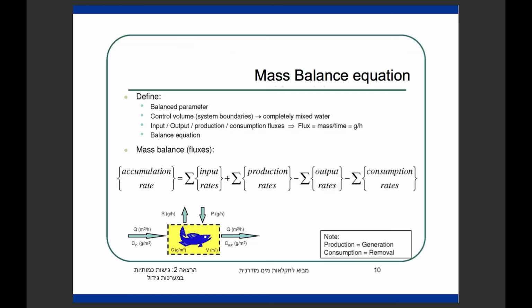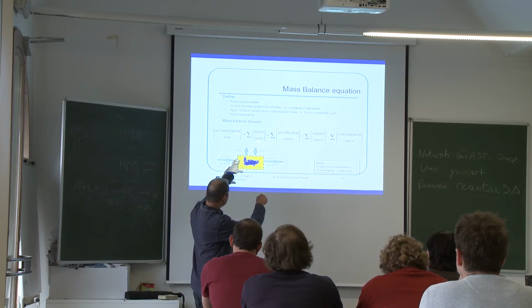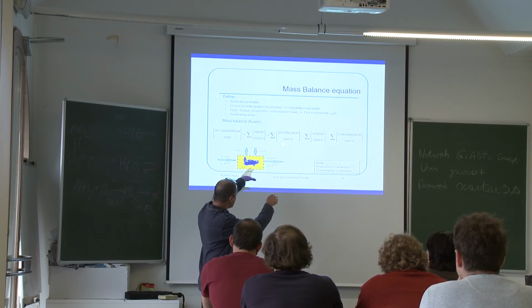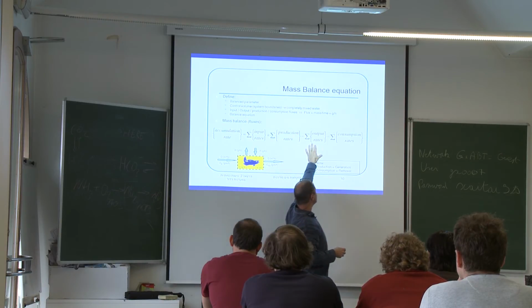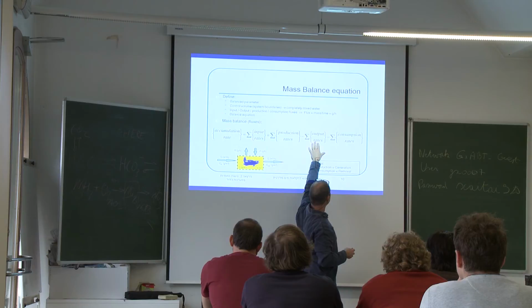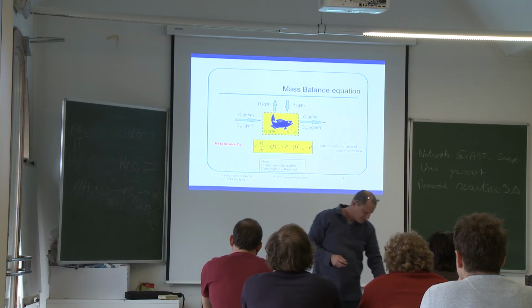And if you want to put all these mass balance equations in terms of a simple equation, then you'd say that whatever accumulates equals what we introduce in, plus what is produced, minus whatever goes out, which is output rates in the flow or removal rates in these chemical processes.